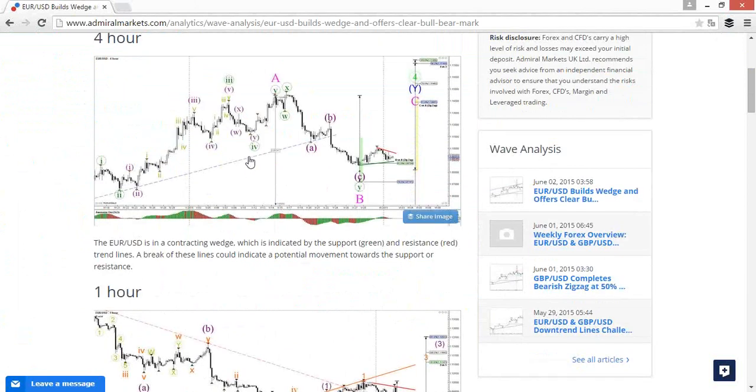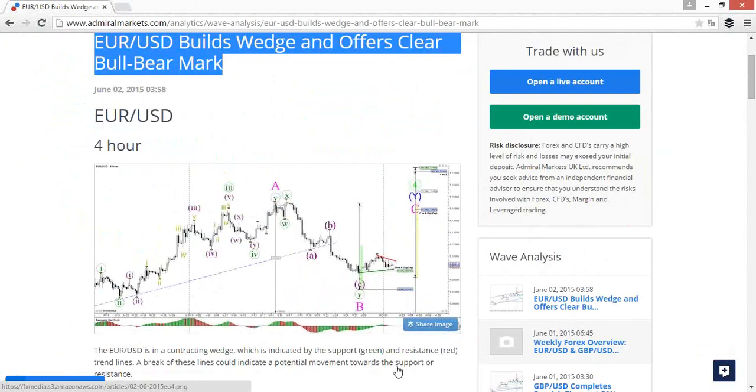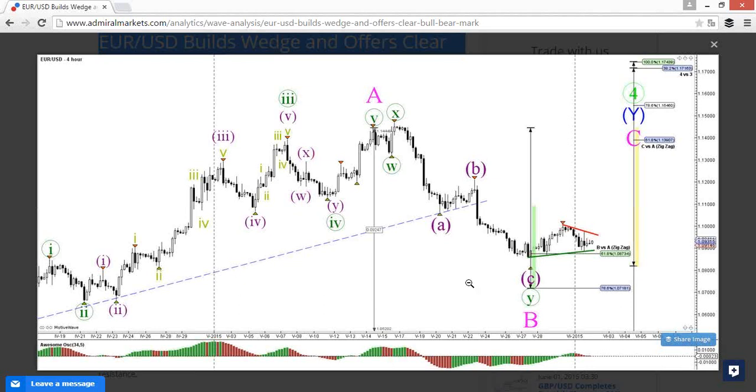And you can see basically, to get an idea of what we're looking at on a 4-hour chart, here you can see that we're probably in a wave B, or at least that's what I have labeled now. And it's completely a zigzag to the downside. Whether that zigzag is indeed completed, I'm not 100% sure, obviously, because price has gone sideways after that.